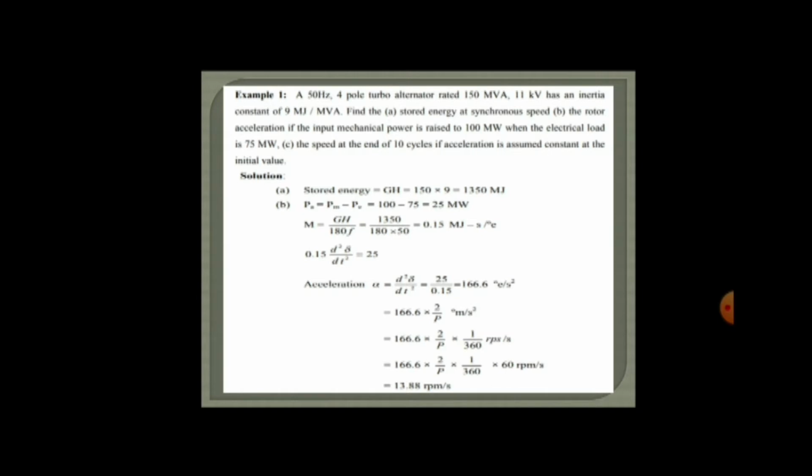So by 180 into F value. What is the frequency value given? So here 180 into 50. What is this 50? 50 is the frequency. See here, a 50 Hz frequency.